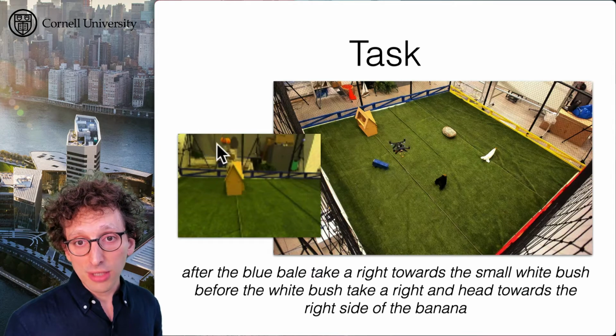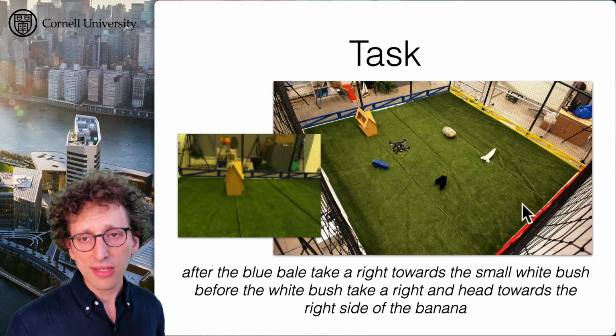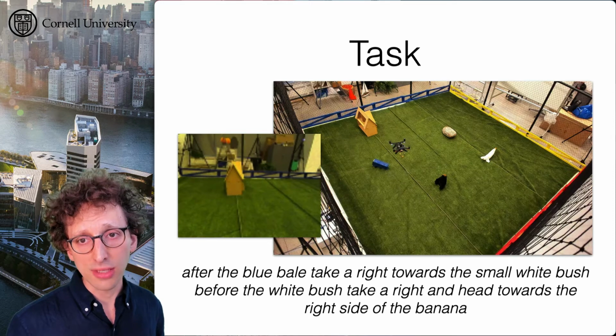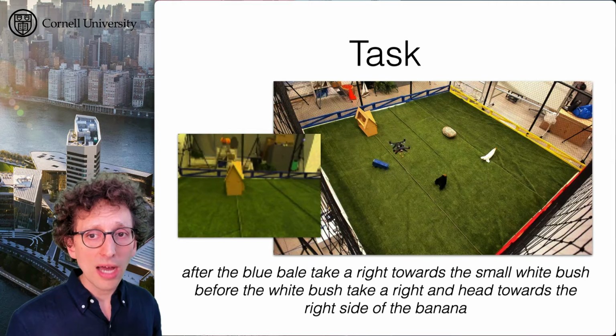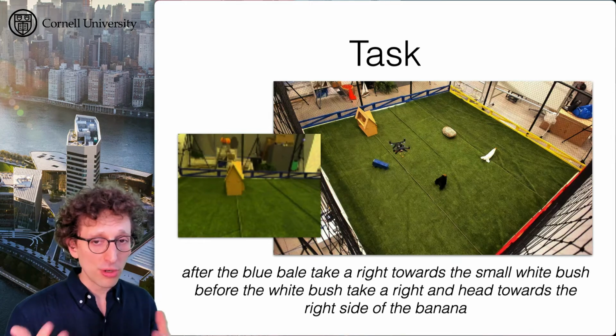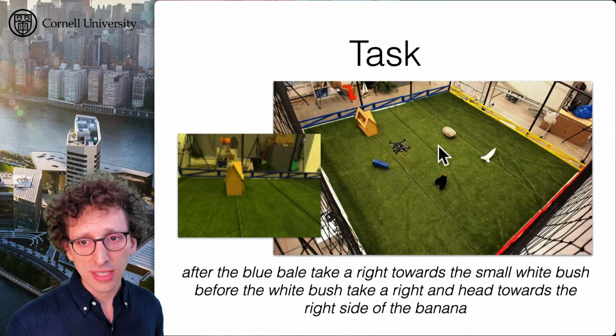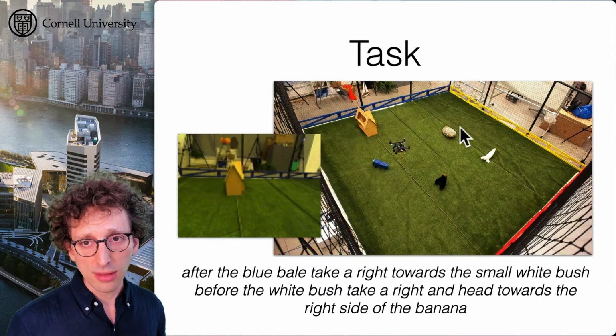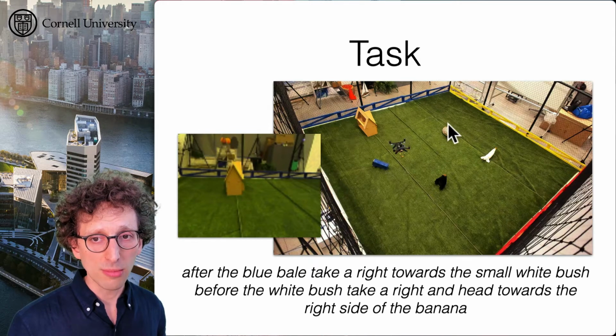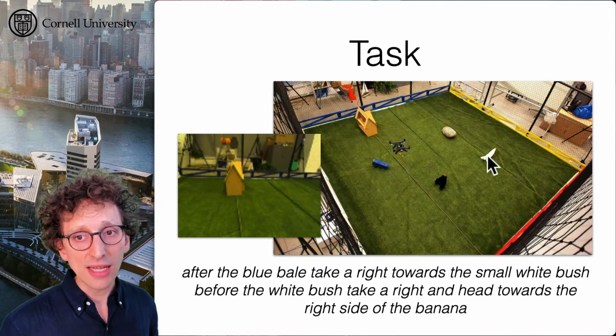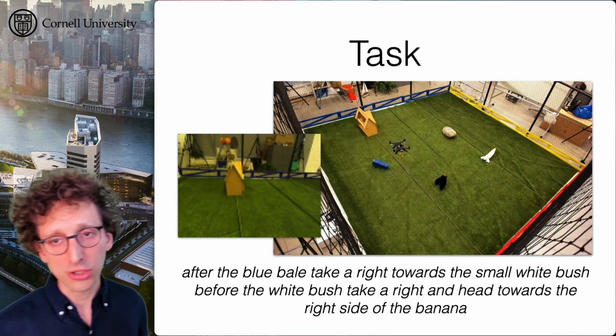What the drone observes is this first-person observation. It doesn't have access to this overhead view of the environment. And as we can see, one key problem already from the starting position is partial observability. The drone doesn't observe this white bush, that is this very weird way to refer to this large stone that is here, or the banana that indicates where its goal position is.